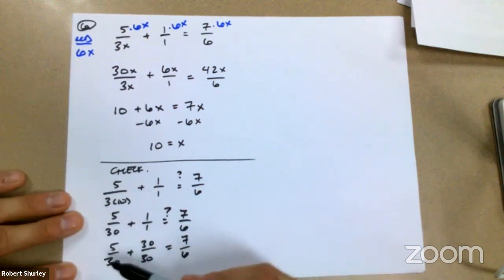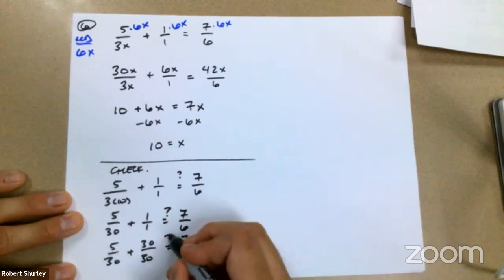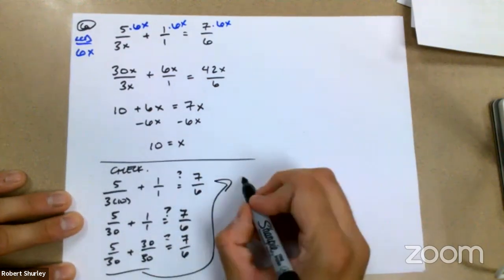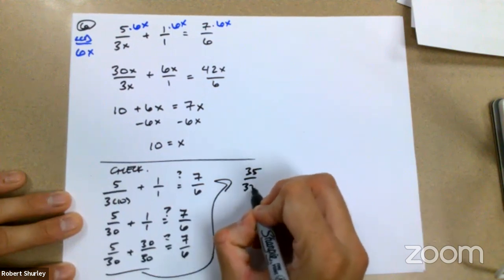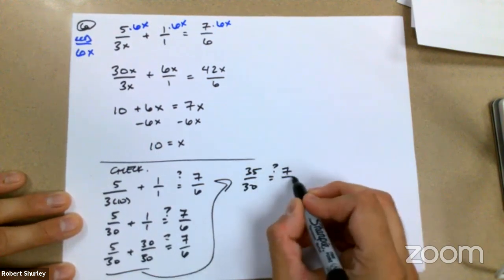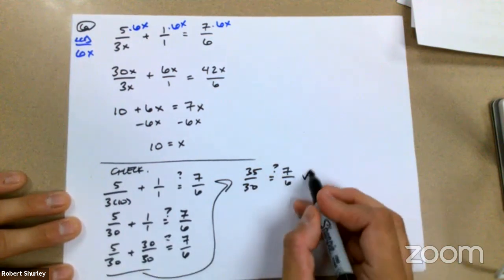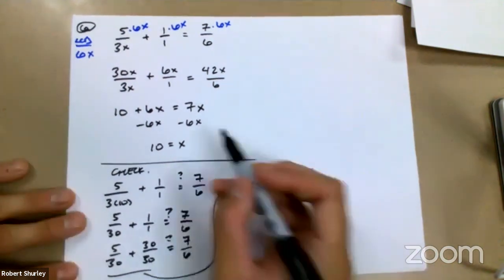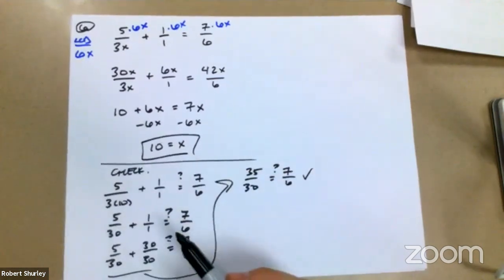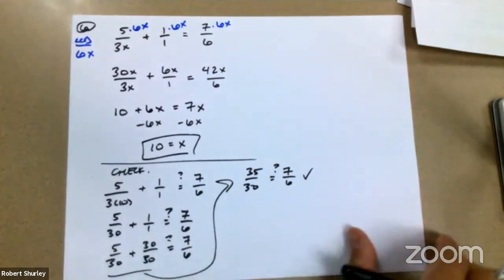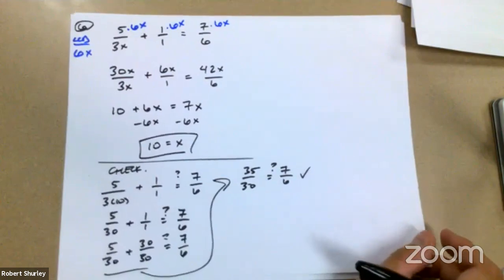And yeah, or 1/6. So this side winds up being 35 over 30. And I believe that is 7/6 because when you divide by 5 on top and bottom, you get 7/6. So that checks out. And again, you can pop that in the calculator and you'll see it. It checks out.